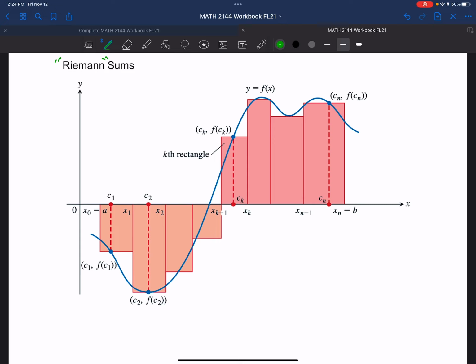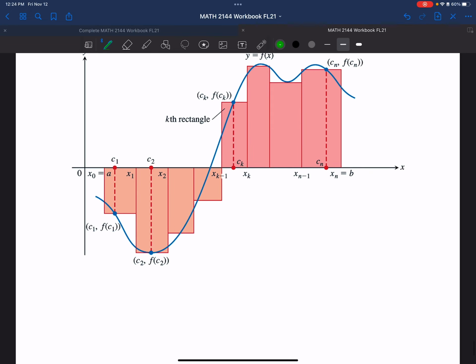So that's why it's sometimes referred to as a Riemann sum. A couple of things to note: in a Riemann sum, you don't necessarily have to have equal rectangles. So notice how some of these rectangles are larger than others. But again, you could always find the height of a rectangle by just considering some x value. So let me just make a few notes about this idea.